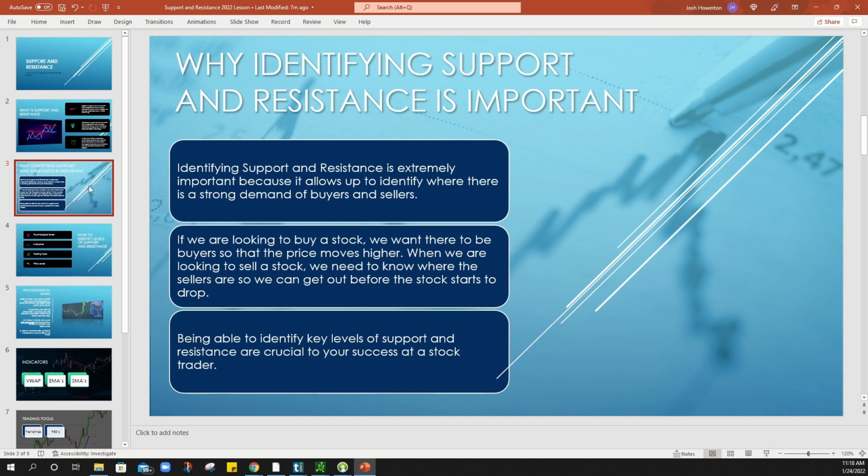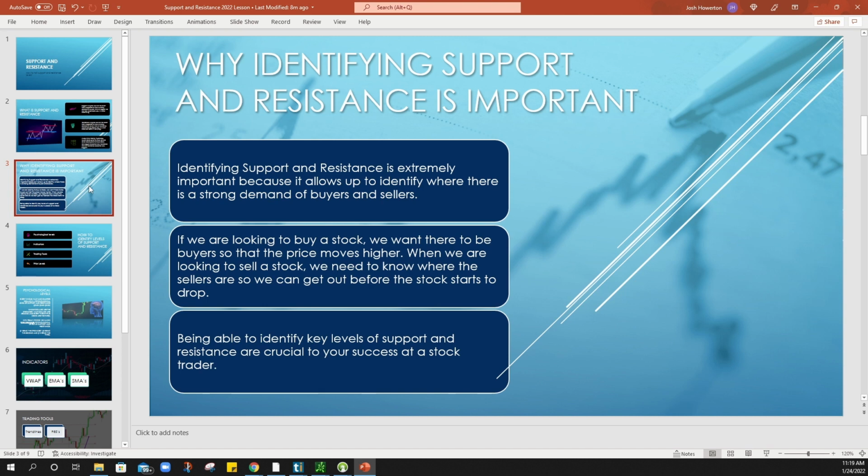Being able to identify key levels of support and resistance is very, very crucial to your success as a stock trader. It really is. Think about it, guys. 10 cents is 10 cents. 20 cents is 20 cents. If you are not able to identify key levels of support and resistance, you may get in 50 cents too early.